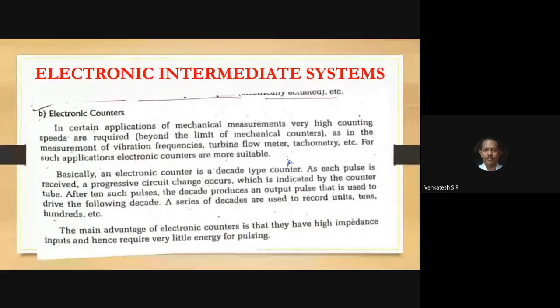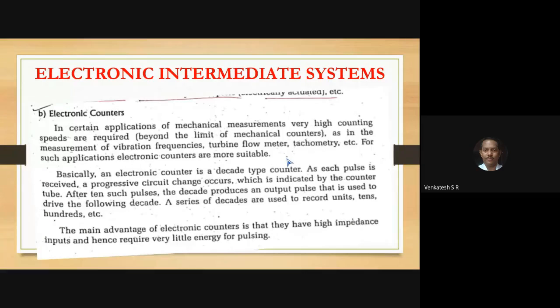Next, come to the point, the electronic counter. Nowadays, everywhere in the shopping mall or in the stadium or anywhere, they use a magnetic or electrical detector to find out any dangerous item you carry inside the shopping mall or stadium. So there is an electronic counter which has sensors.